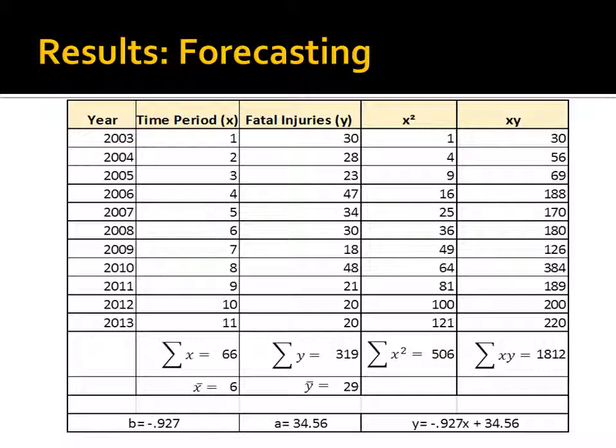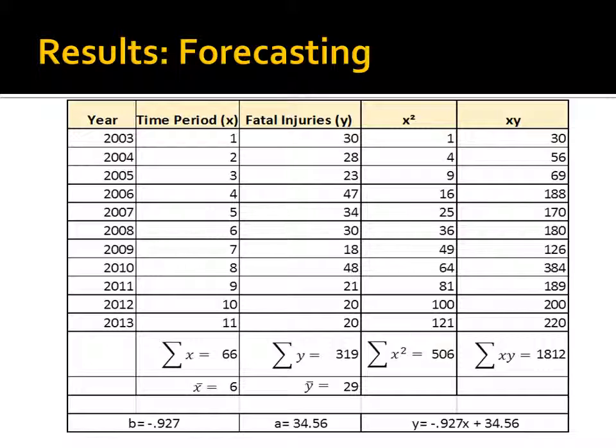Now we're moving into the forecasting part of my results. This is a table I constructed to depict the least square regression line data accumulated based on the fatal injuries per year from 2003 to 2013. As you can see, our slope is a negative 0.927, and our y-intercept is 34.56.